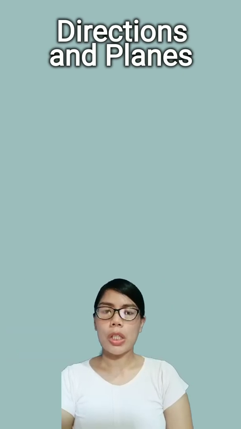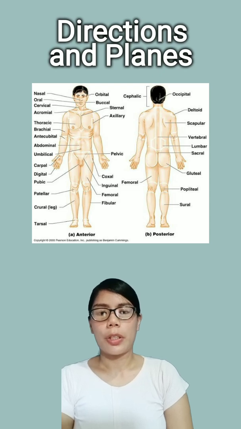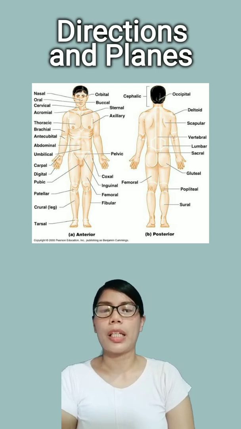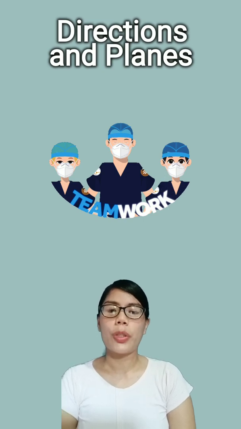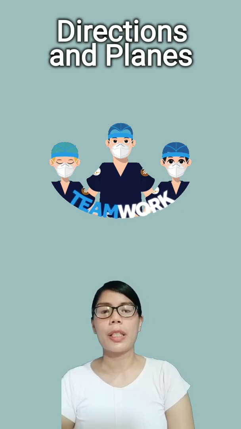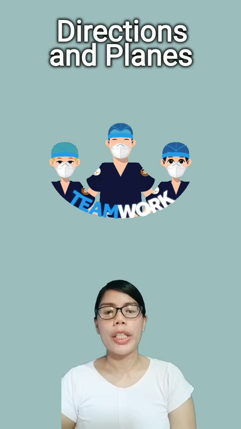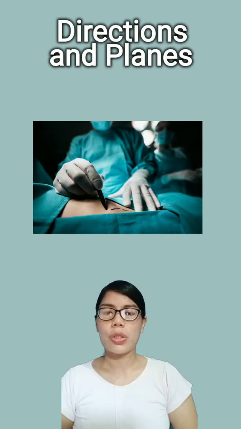Some anatomical structures have anatomical terms, and these terms are used by medical professionals to clearly and accurately communicate with each other in describing the position of the body during physical examinations or surgical procedures.